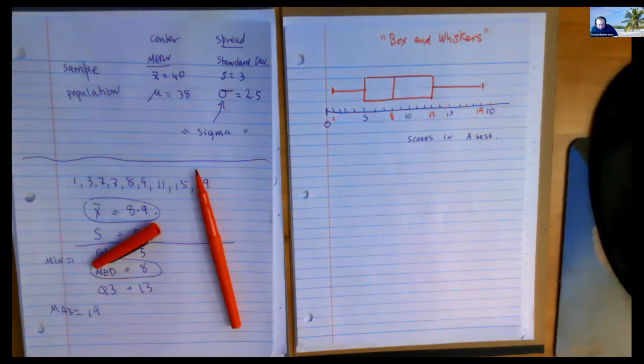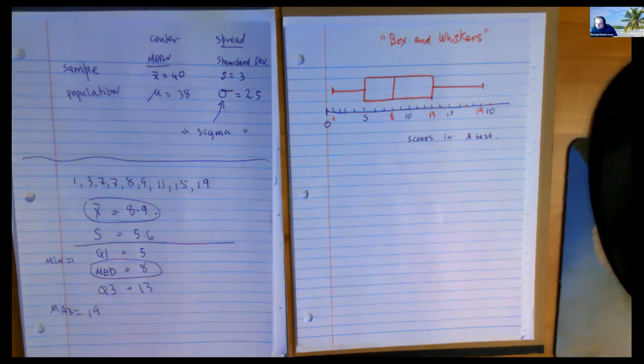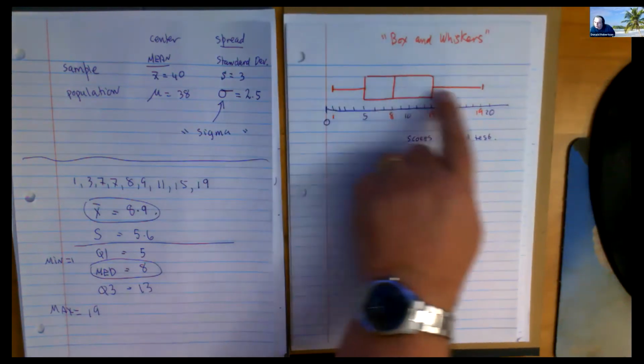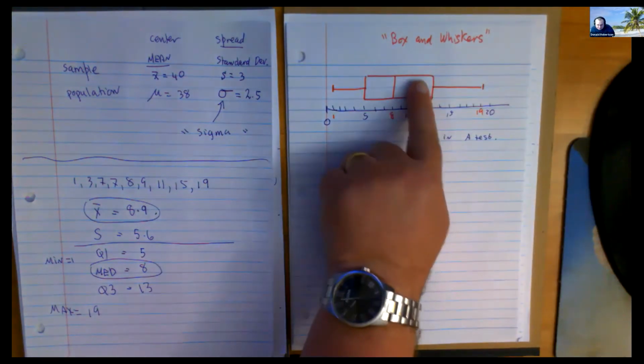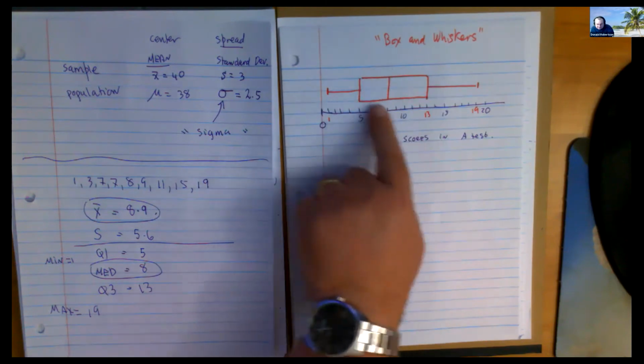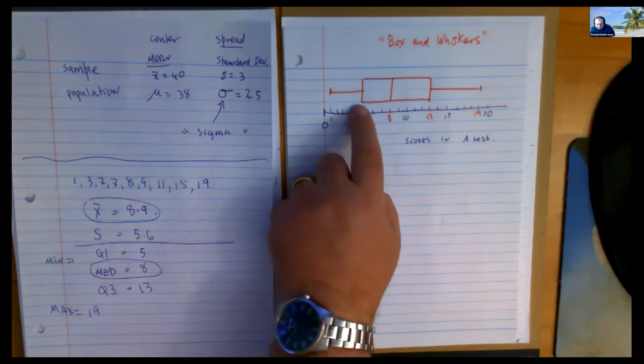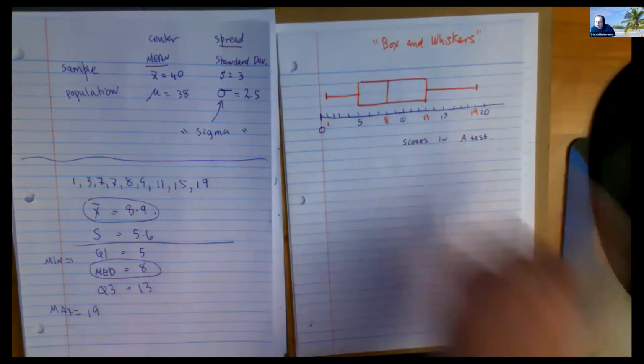The information works quite well, and it's pretty quick to draw. Can you tell the spread of the test scores? Can you see that the middle box kind of represents where half of the class lives? Half the class gets somewhere between 5 and 13 in this test.